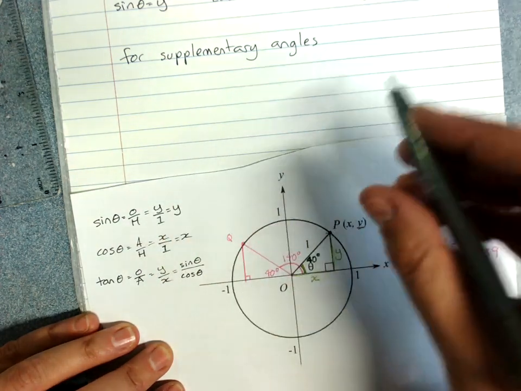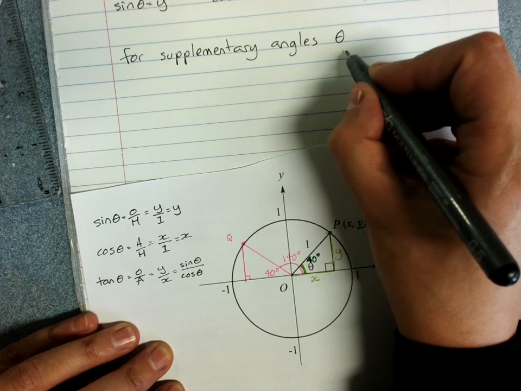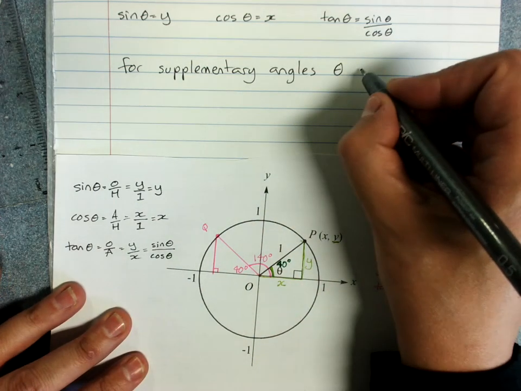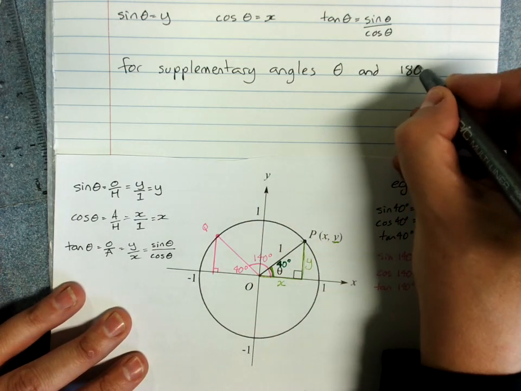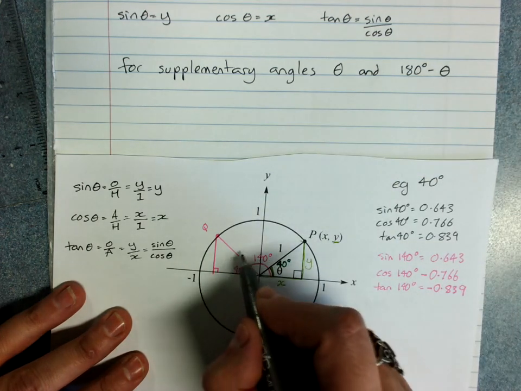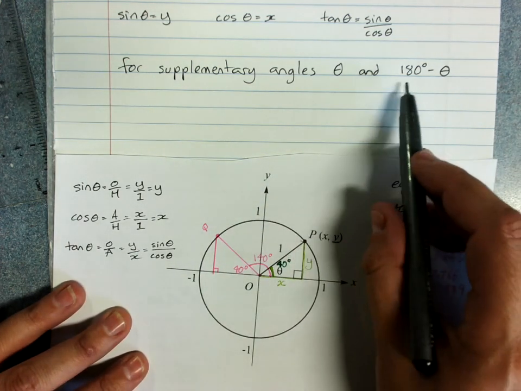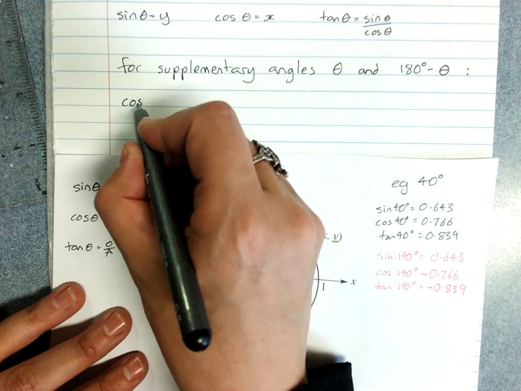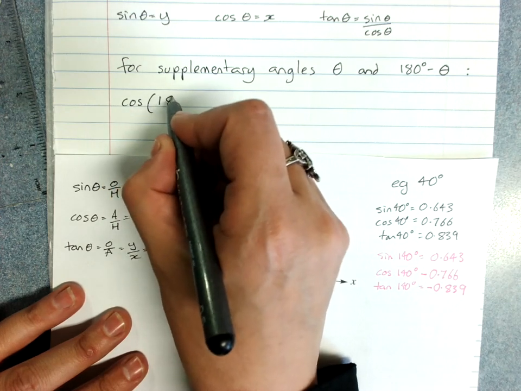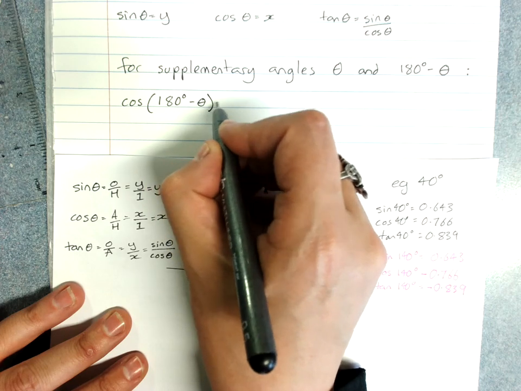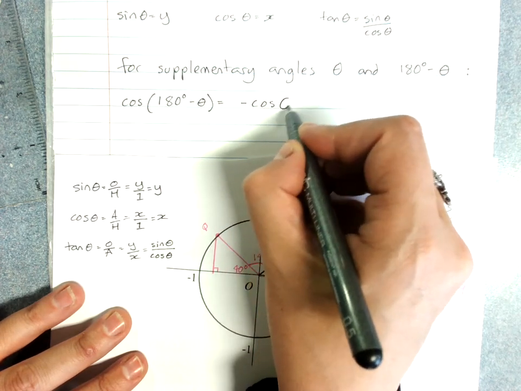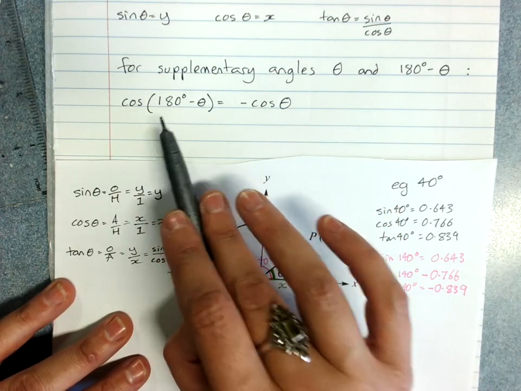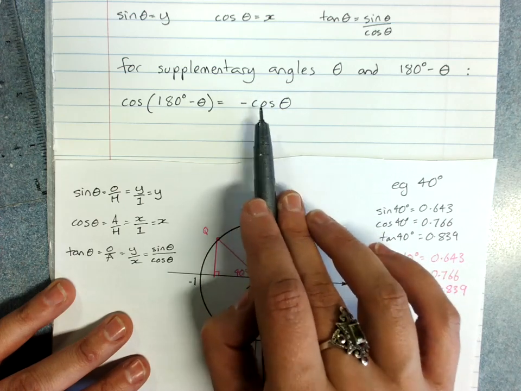For supplementary angles, the angle theta, such as 40 degrees, and 180 degrees minus theta, such as 140, 180 minus 40 is 140, cos of the supplement equals negative cos of the acute angle. So cos of the obtuse angle can be gained by taking cos of the acute supplement and making it negative.